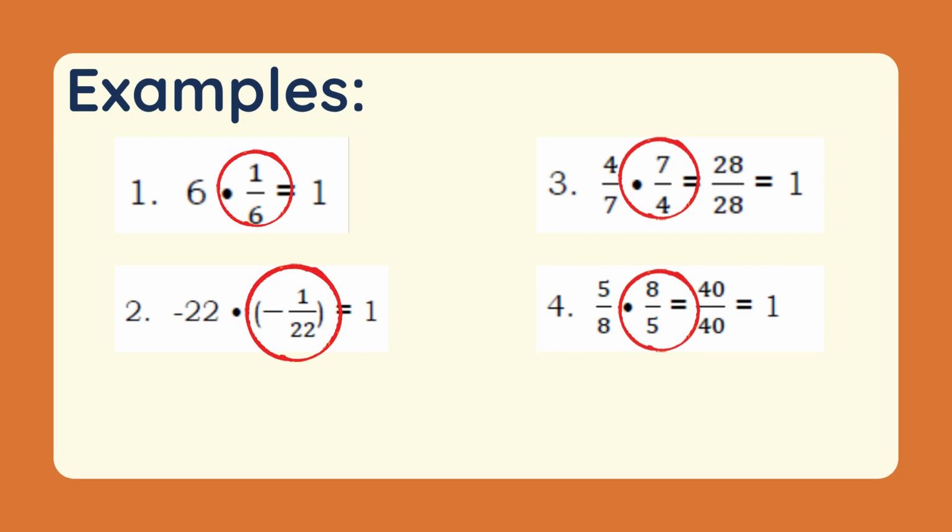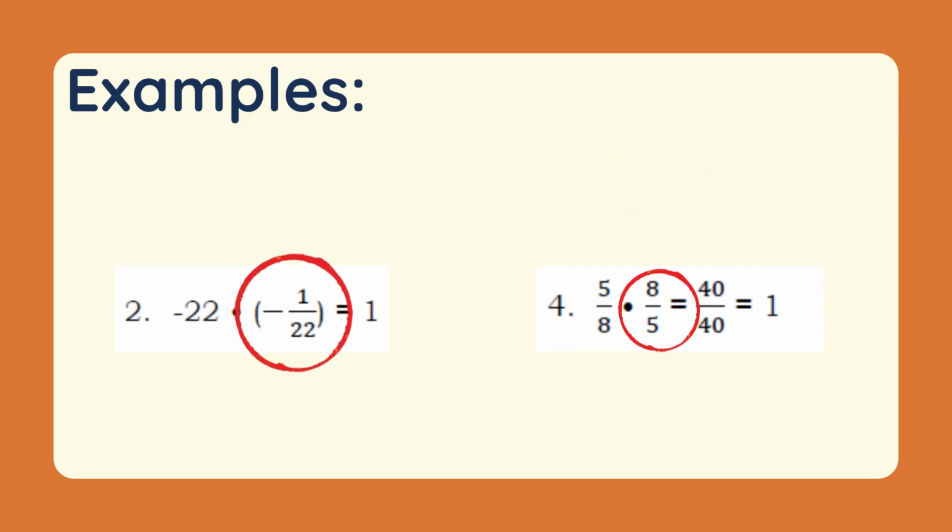As you can see, the numerator and denominator are interchanged. That is how we do the reciprocal. For number 4, we have 5 over 8 and its reciprocal is 8 over 5. The encircled numbers are the reciprocals of the numbers before them. Okay? And if you are going to multiply all of them, the result is always equal to 1.